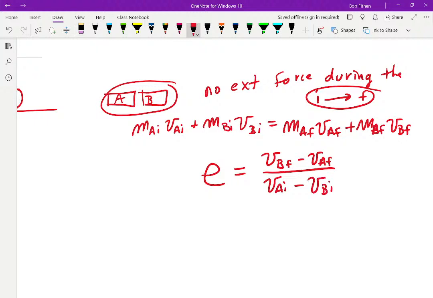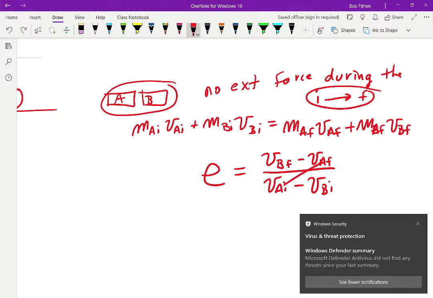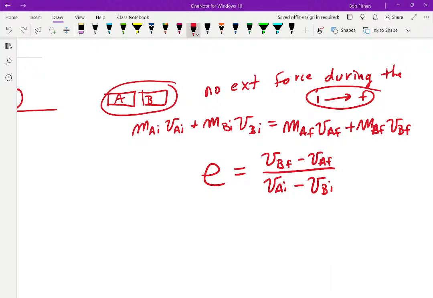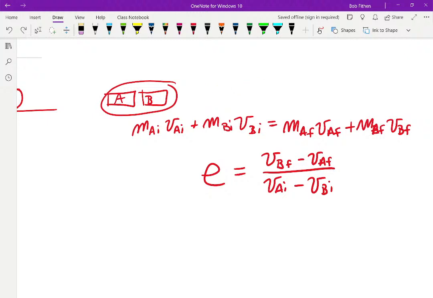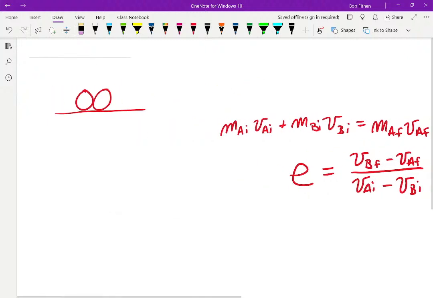Now you'll notice the exchange of the subscripts. If you just remember that all the time, you're all good. So you have these two sets of equations, and these are your friends in solving these problems. But let's look at another problem that is multidimensional.